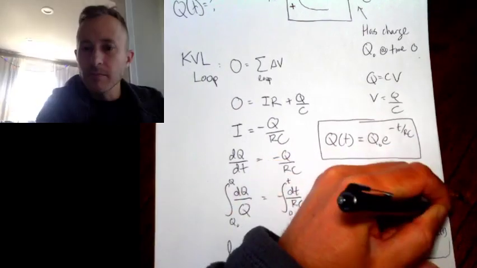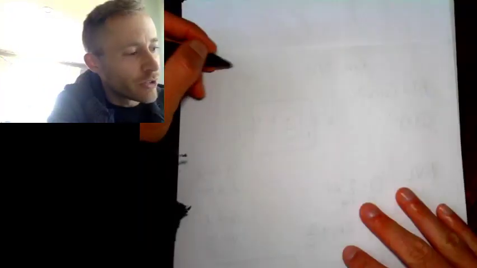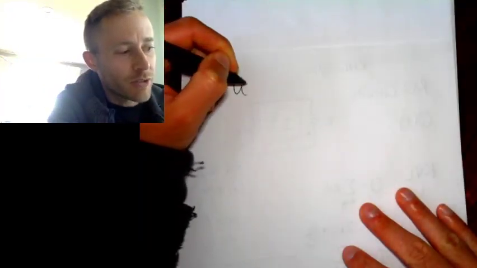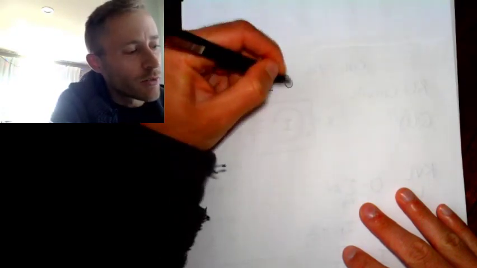Okay, and if we were to ask for, say, what is the energy stored in the capacitor as a function of time, well, that would be Q squared over 2C.